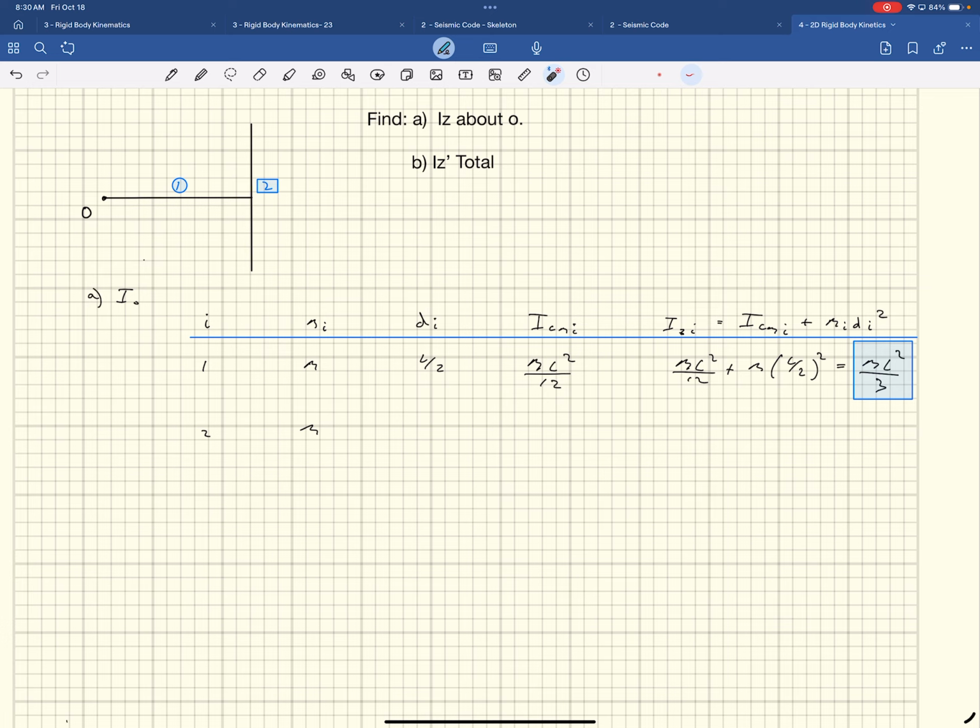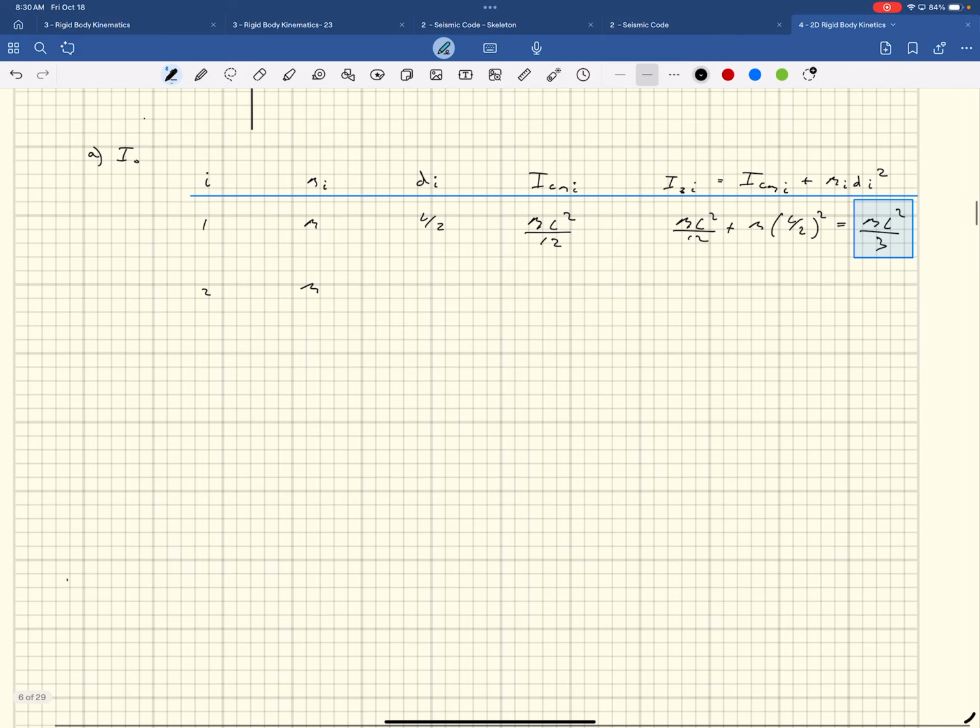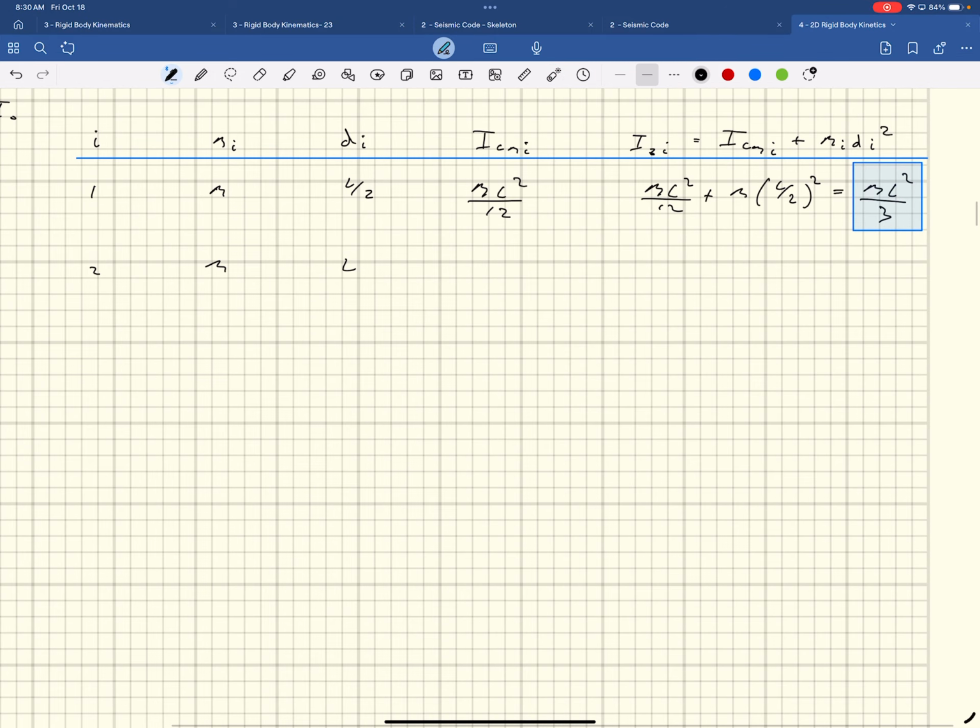In this case, that would just be L. And then again, the moment of inertia of the object about its own center of mass is ml squared over 12. So then this last one would be ml squared all over 12 plus m times L squared. And here we end up with 13/12 ml squared.